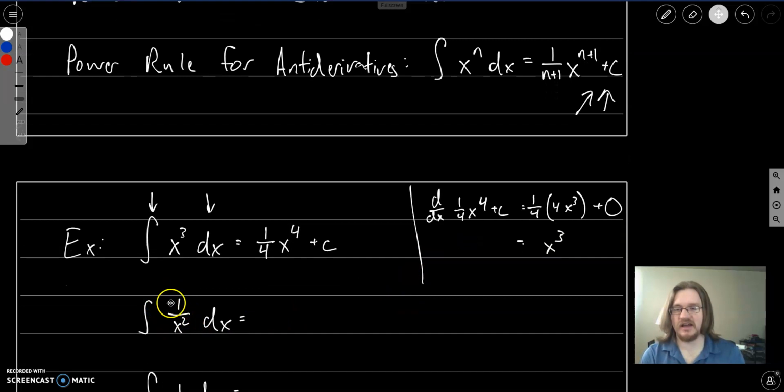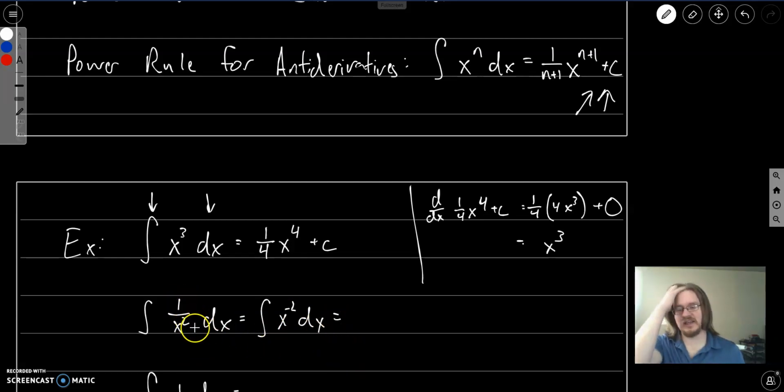Let's take the antiderivative of 1 over x to the 2nd power. First of all, I want to write this as x to a power, so I'm going to rewrite this ever so slightly. This is the antiderivative of x to the minus 2 power.